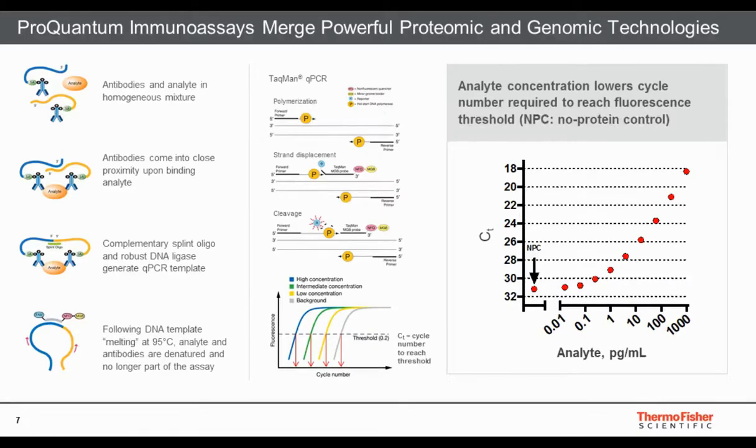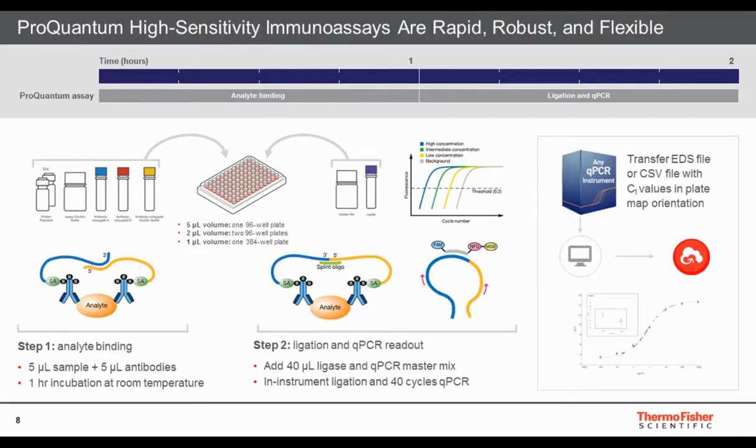With no protein present in a well, the CT value is about 31, and with increasing concentration of protein, the CT value decreases. If you subtract the no protein control value, which is really background, from all the data points and plot delta CT, it is the beginning of the predictable sigmoidal concentration dose-dependent curve.